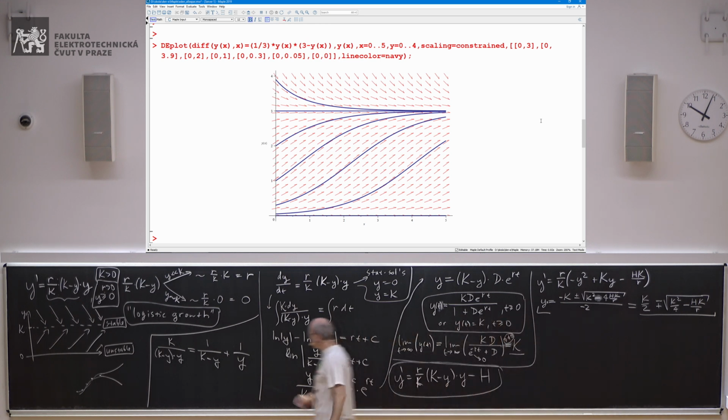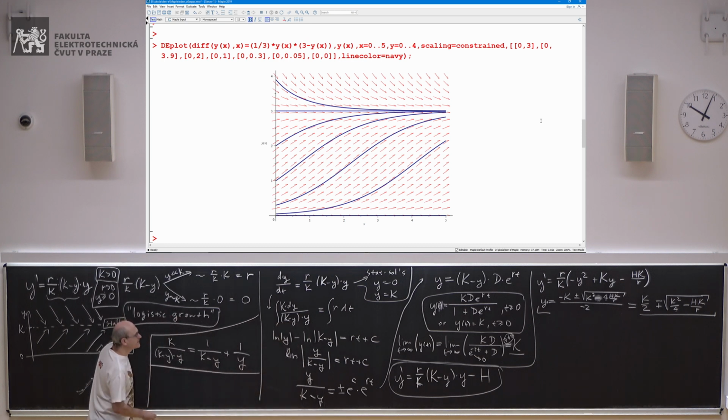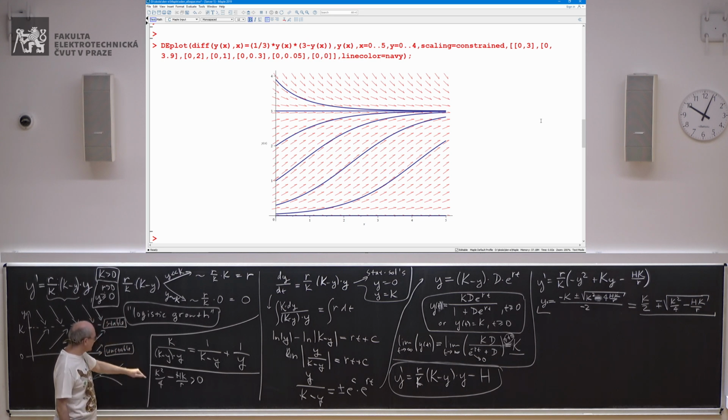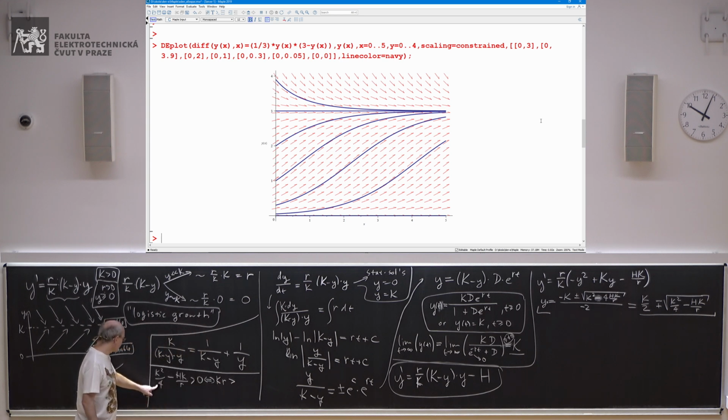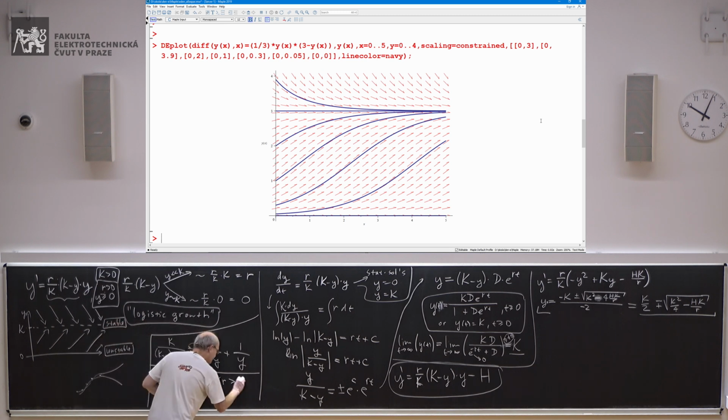Okay, the condition will be here. K squared over 4 minus hk over r should be positive. So I'm going to multiply everything by 4, I'm going to multiply everything by r, and divide by k. And when I do it, I get k r should be larger than, and I was multiplying by 4 and multiplying by r and dividing by k, so it's 4h.